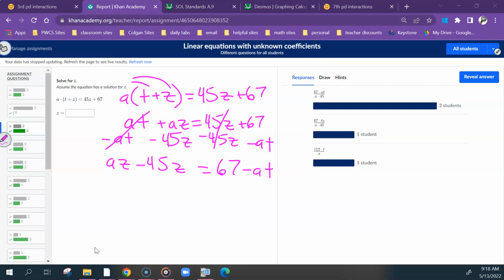Now, because these both have a Z in them, I could factor out a Z. That would be like my GCF of these two. If I factor out a Z, what's left is A minus 45. How would I get Z by itself now?